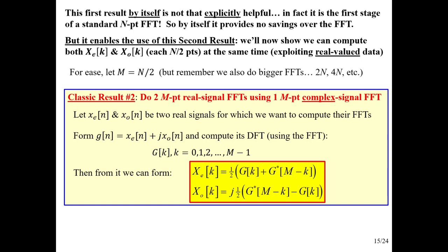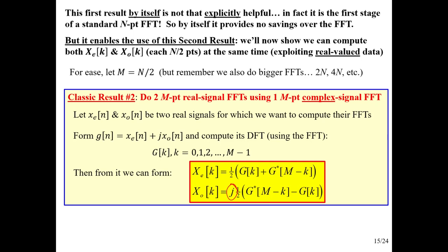This is the claim. We take this thing, and we add to it its conjugate, but indexed backwards. So as we're going through our K values, we're going to go forward through this one and backwards through the conjugated one. And the same thing down here, the only difference is I'm going to subtract, and then they both have a half, and this one ends up with a j out in front.